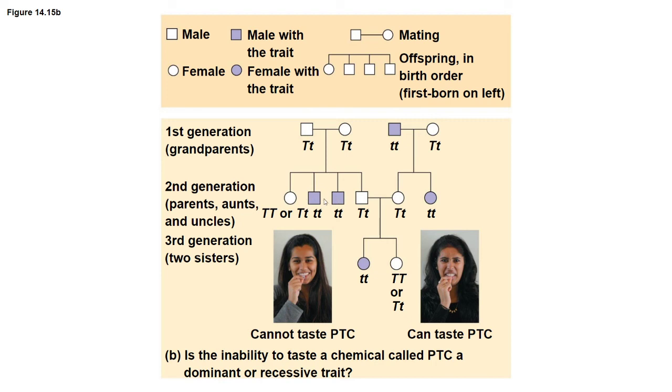They have two children that do show the trait and two children who don't. Well, because of that, we know they're heterozygotes, and if they're heterozygotes and not showing the trait, we know that trait has to be recessive.